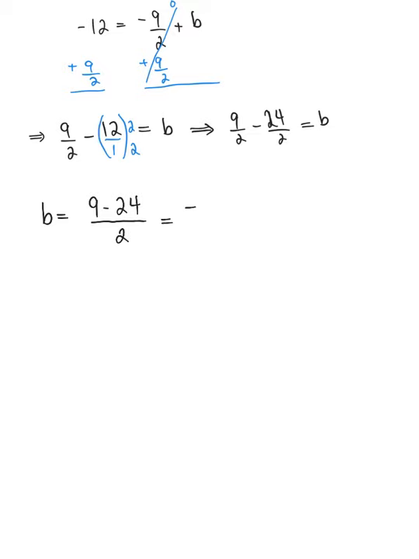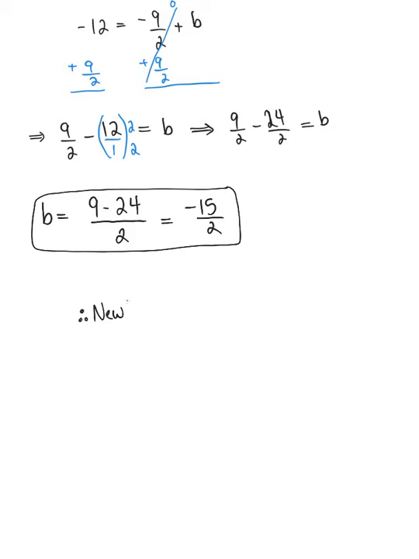And this will leave us with -15/2. So that is our y-intercept. So therefore, the equation of the new line is y = 9/4 x - 15/2, with a slope of 9/4 and a y-intercept of -15/2.